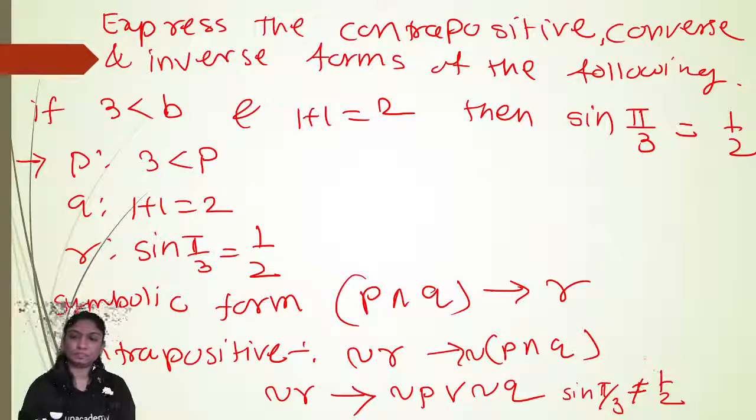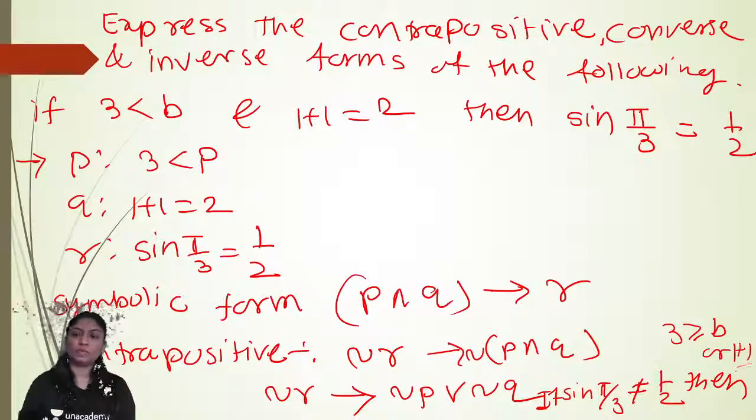Then sin pi by 3 is not equal to 1 by 2. Then 3 is greater than or equal to b, or 1 plus 1 is not equal to 2. Clear? How to write here? 3 is greater. So we will take it in the next slide.